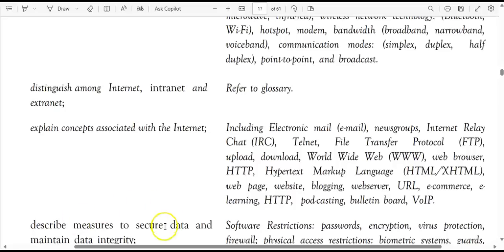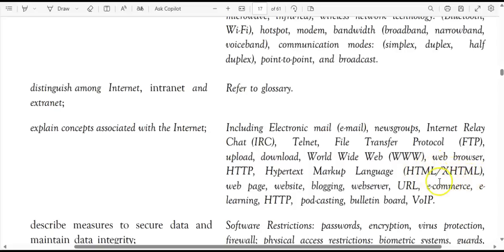Now, a type of markup language is HTML, which is hypertext markup language, the standard language that is used to create and design web pages on the internet and intranet. All right.